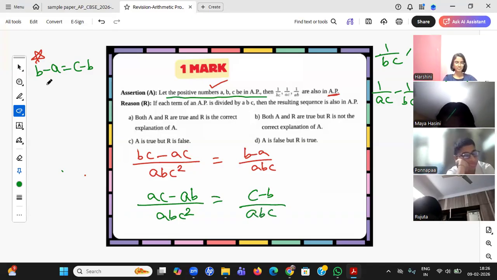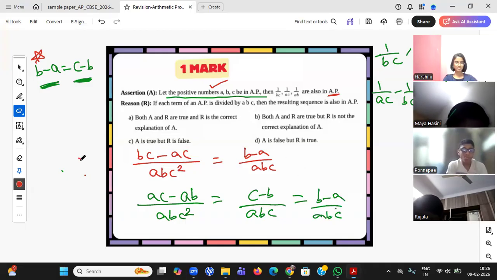Okay, what is B minus A? B minus A is C minus B. So in place of C minus B, can't I write B minus A by ABC? You see, both of them are same. I am able to see both left hand and right side are same. So they are in AP.